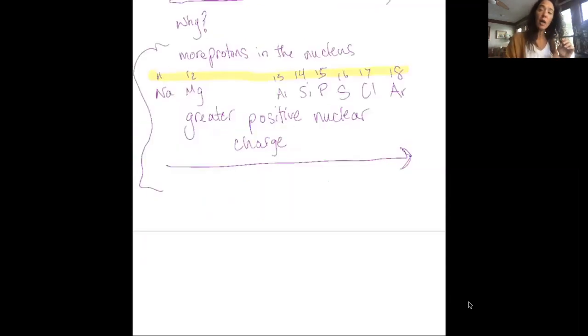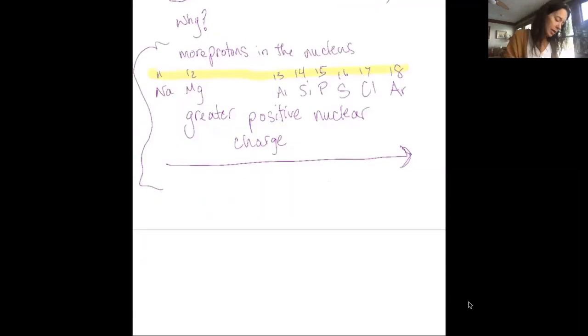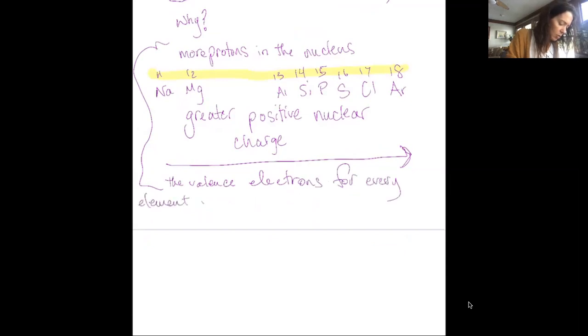The other part as to why is that the valence electrons for every element in the period, I said that incorrectly, because we're talking about horizontal, the valence electrons for every element in the period are located on the same energy level.